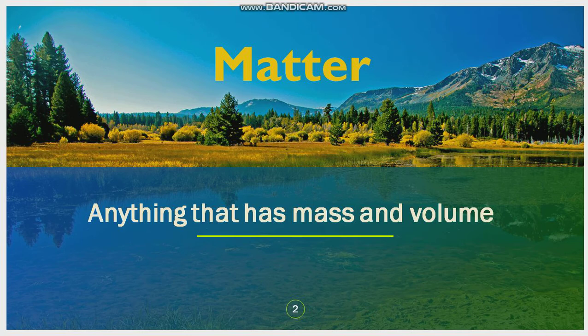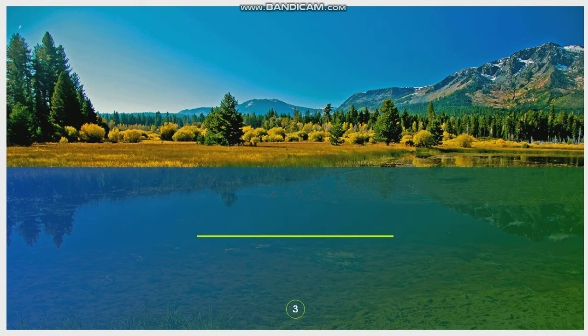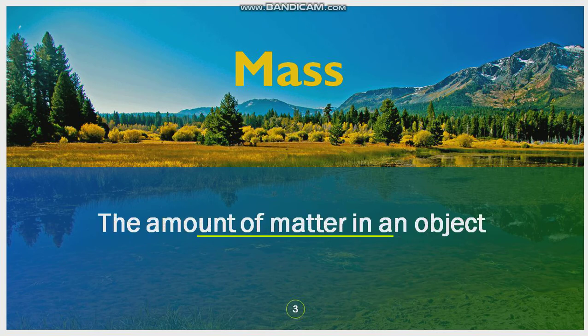But what is the meaning of mass? Mass means the amount of matter in an object. This definition means what? For example, the door is made of what? Good. The door is made of wood.